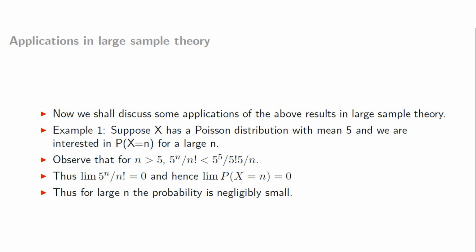Observe that for n greater than 5, 5 to the power n by n factorial is less than 5 to the power 5 by 5 factorial, or in some sense, for n greater than 5 we find that 5 to the power n by n factorial is bounded by some sequence which has limit 0. Therefore, the limit of 5 to the power n by n factorial equals 0, and hence we get that the limit of the probability X equal to n is 0. Thus, for large n the probability is negligibly small.